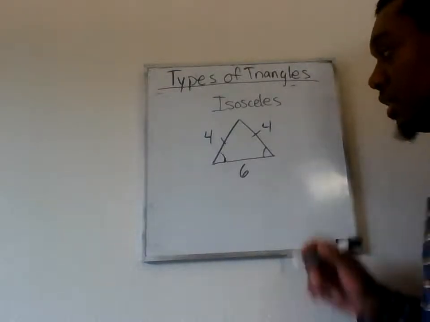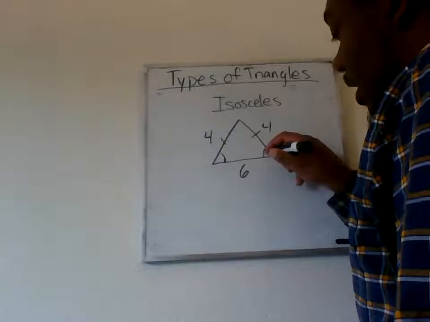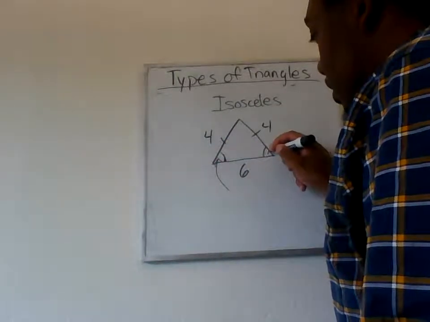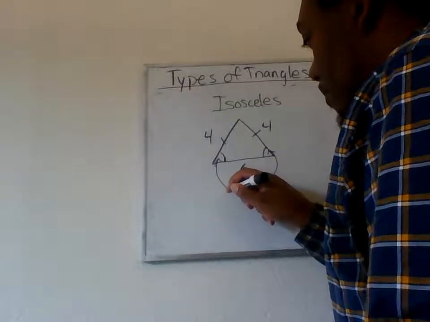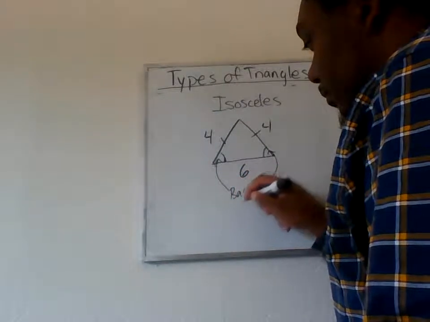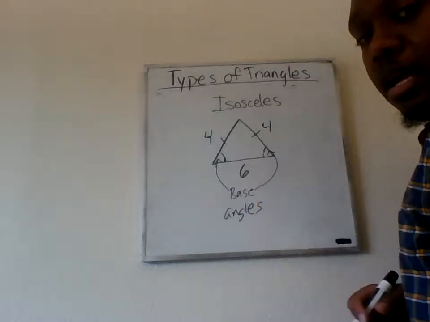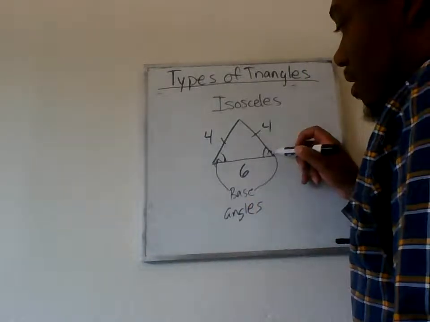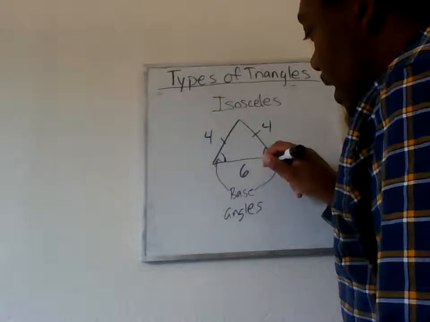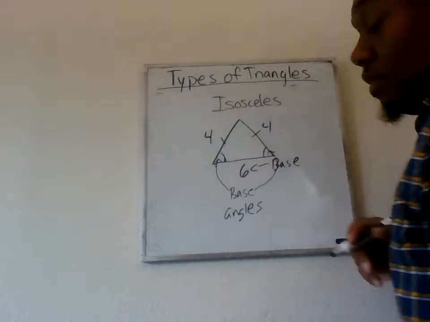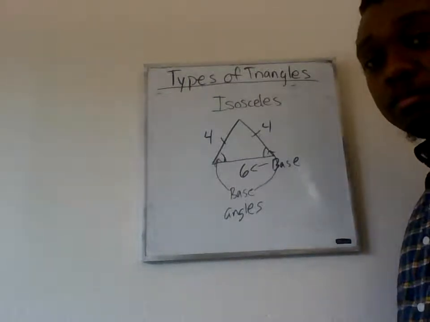So these angles here have special names. We call these two things here base angles. And the reason for that is because they are next to the base. So the bottom part here would be the base, or the side that's not equal.